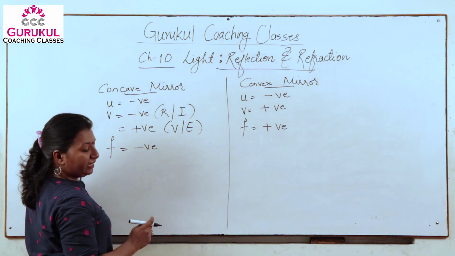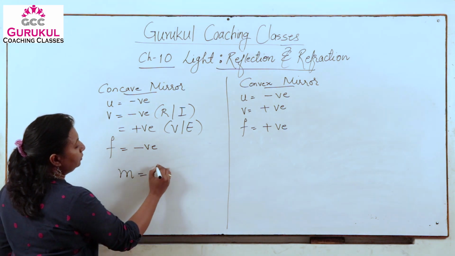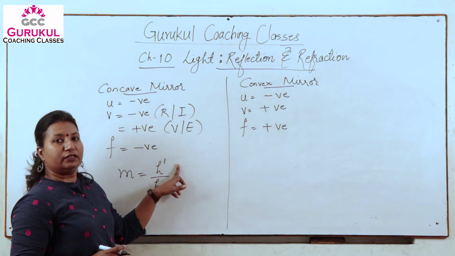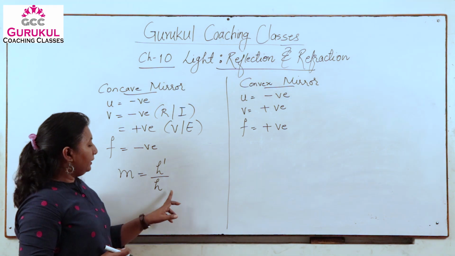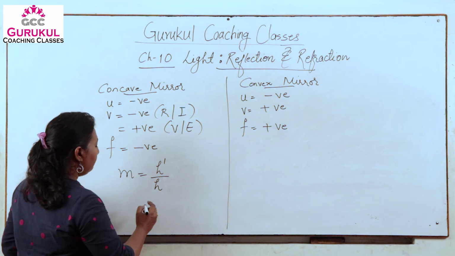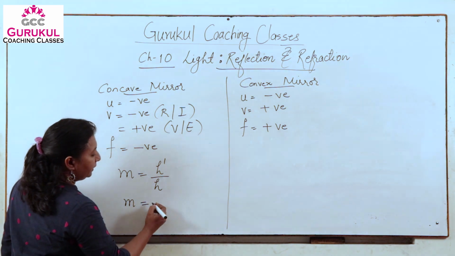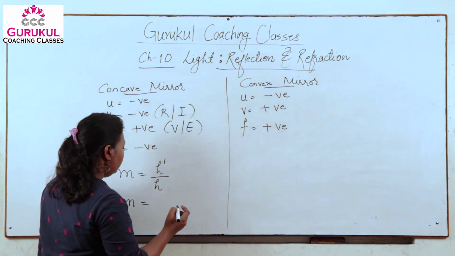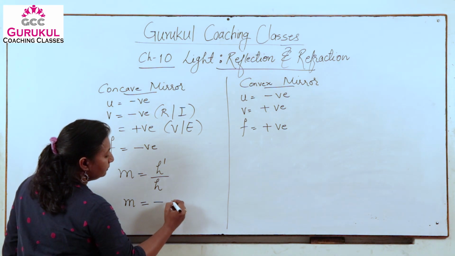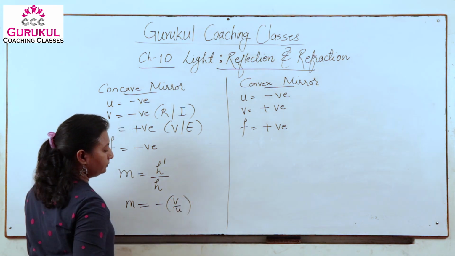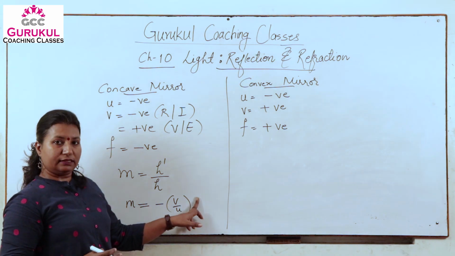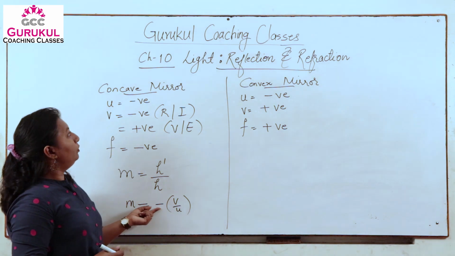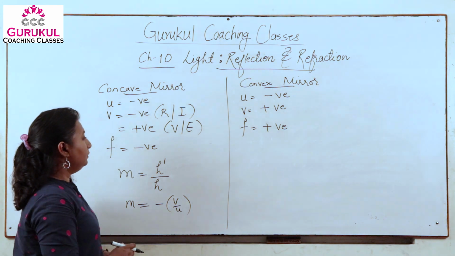Now if we talk about magnification, magnification is equal to H dash upon H, where H dash is the image height and H is the object height. Magnification of a mirror is also given by the object distance and the image distance, using the formula minus V by U, image distance upon object distance.